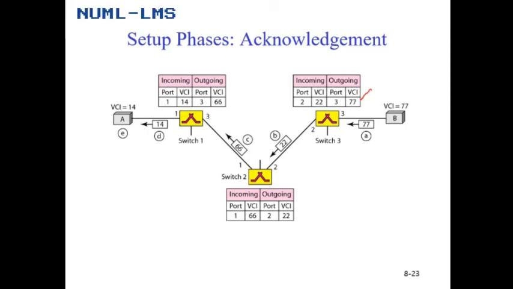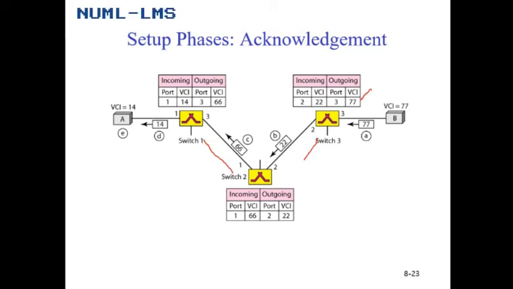Switch 3 sends the acknowledgement to switch number 2 that contains the incoming VCI in the table chosen in the previous step. Switch number 2 uses this as the outgoing VCI in the table. Switch number 2 sends an acknowledgement frame to switch number 1 containing the incoming VCI in the table chosen in the previous step.